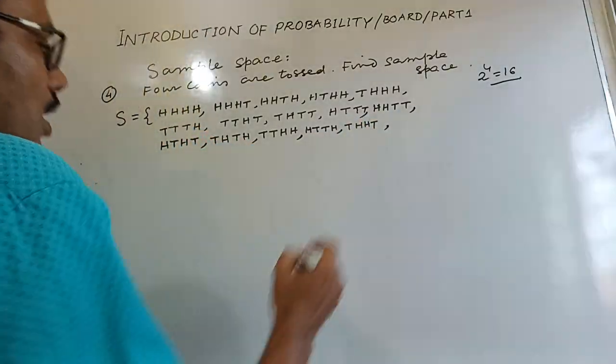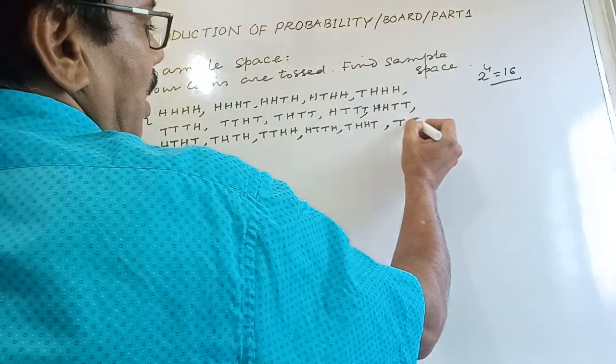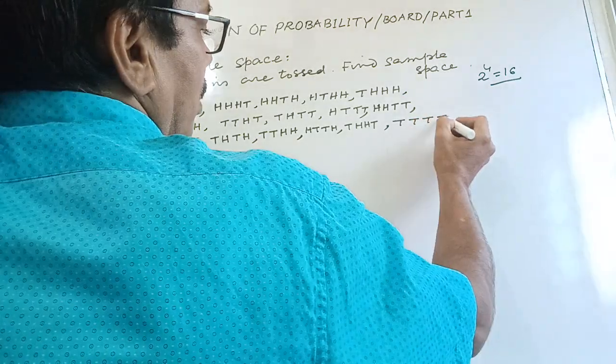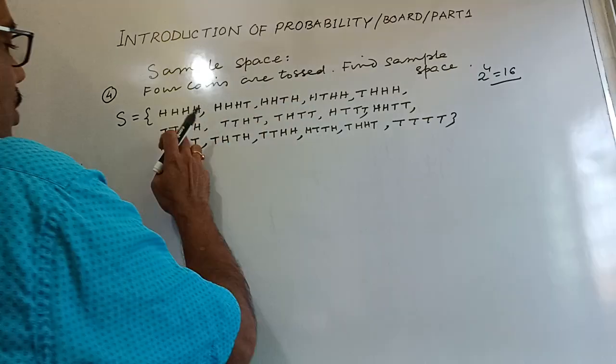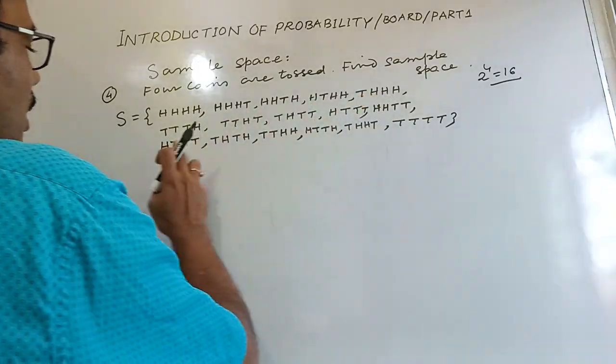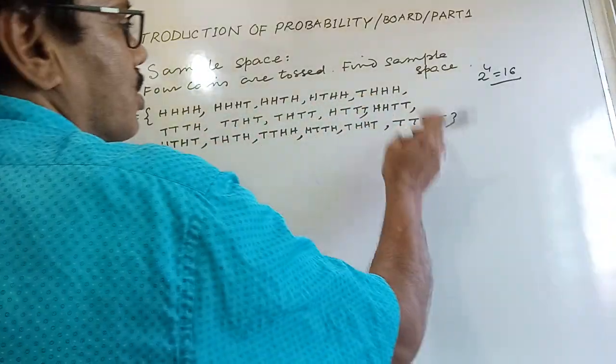Then 4 tails. So look, 1, 2, 3, 4, 5, 6, 7, 8, 9, 10, 11, 12, 13, 14, 15, 16.